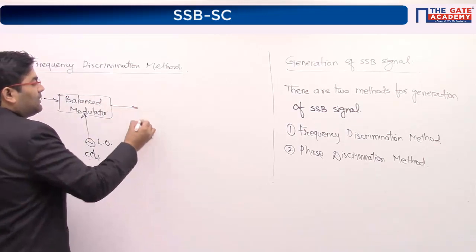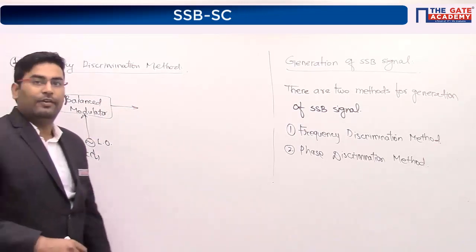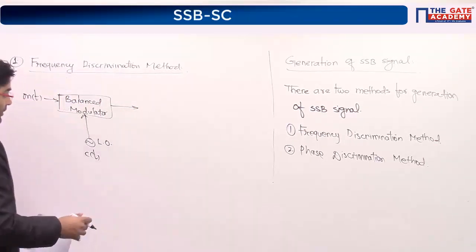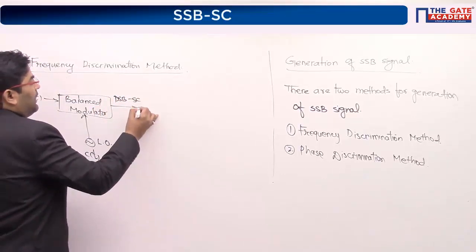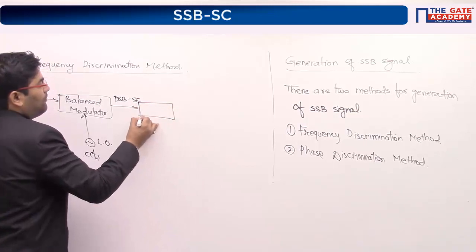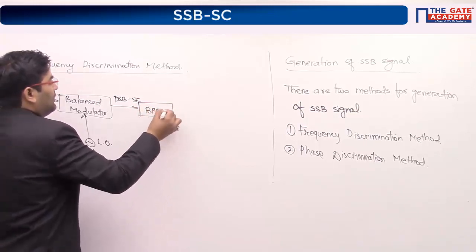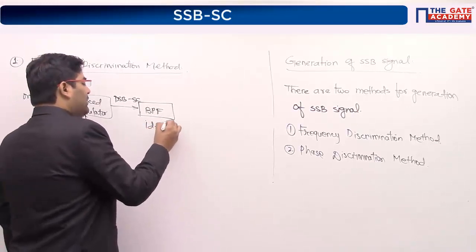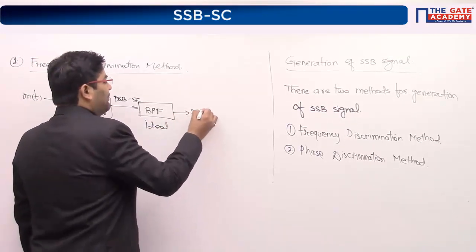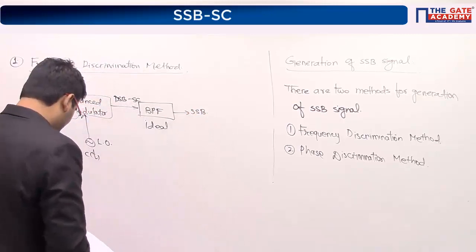What is the output, guys? Come on. Very good, Banu. It is DSB-SC signal. So I am happy that you guys remember. And we are putting this to a band pass filter, an ideal band pass filter. And then you get what? A single sideband. Okay?